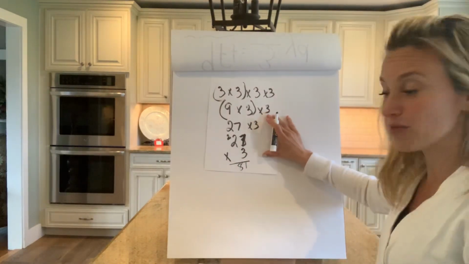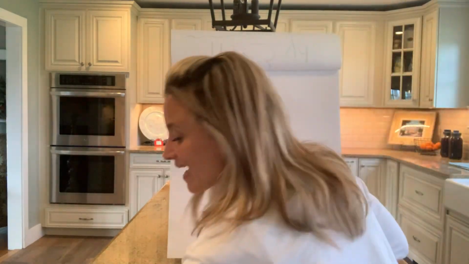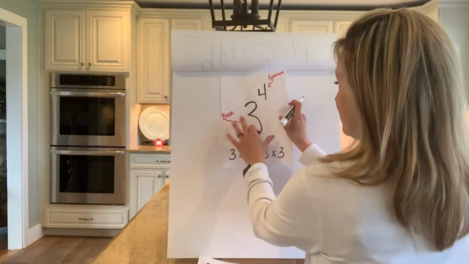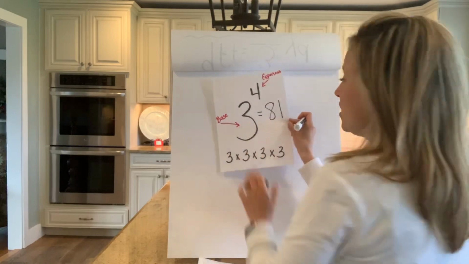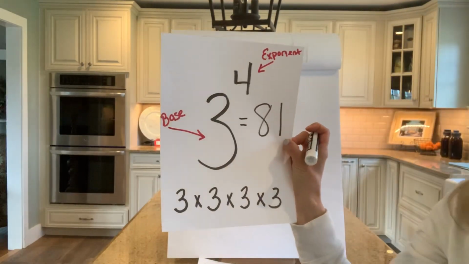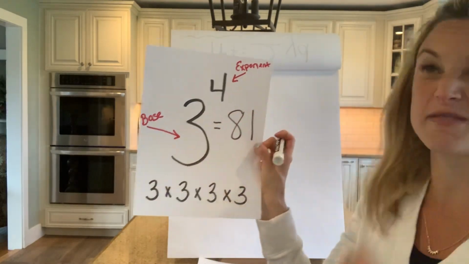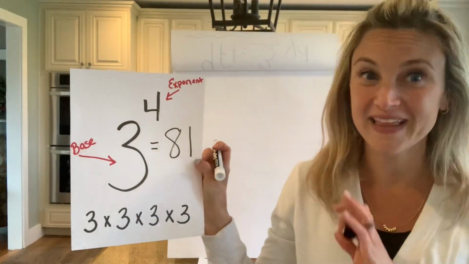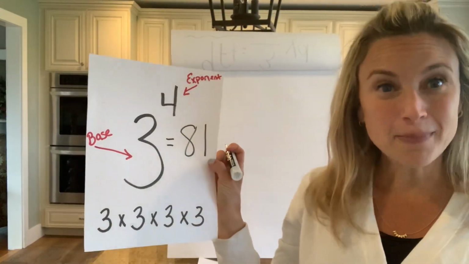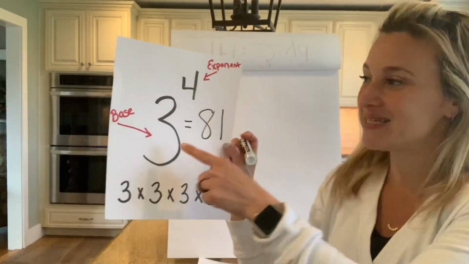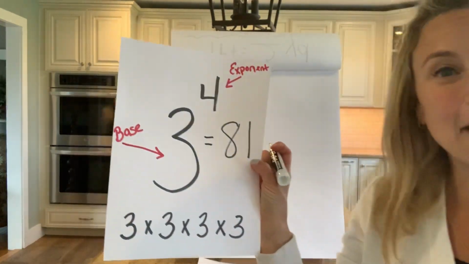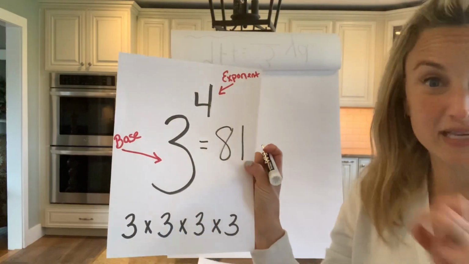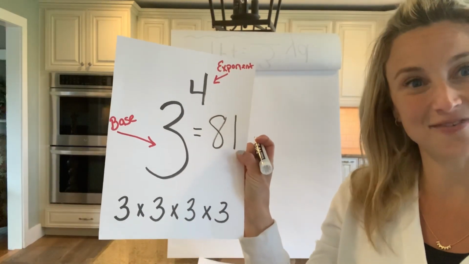So 3 to the 4th power is actually going to be 81, which is very different from if we made the mistake of just multiplying the base by the exponent, which would have been 12. That's not how we do it. Remember, when we're working with exponents, we take the base, and the exponent is giving us directions, telling us how many times to multiply the base 3 by itself.